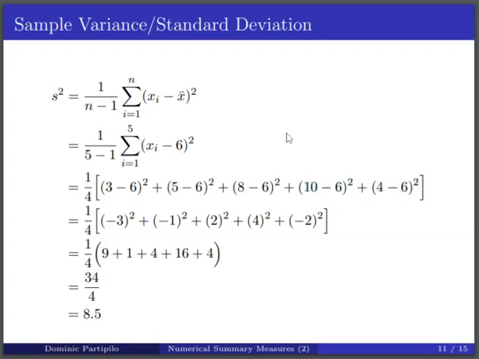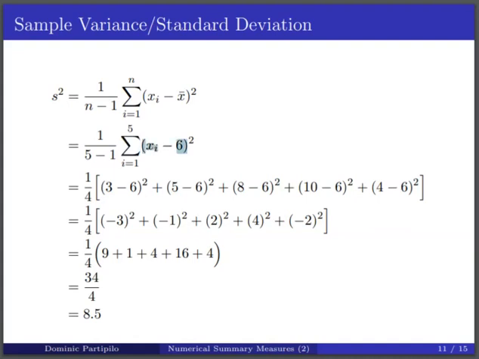So we're taking each of the data points from our data set, 3, 5, 8, 10, and 4. We're subtracting the mean from them, and we're squaring each of those distances. And then after we square those distances, we're going to add them all up. So that's what this sum is telling us to do.